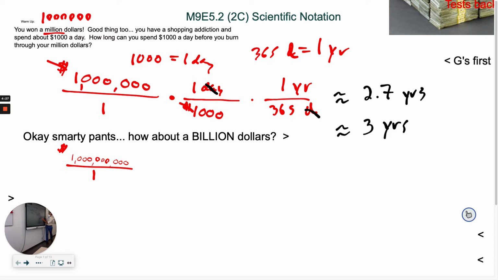I'm going to do the exact same technique, $1,000 a day, francs or whatever, and 365 days in 1 year.